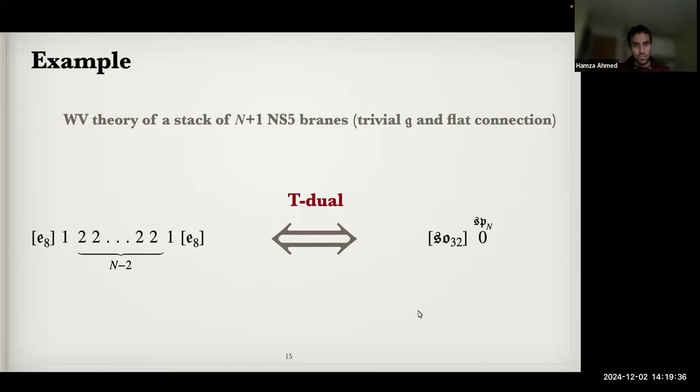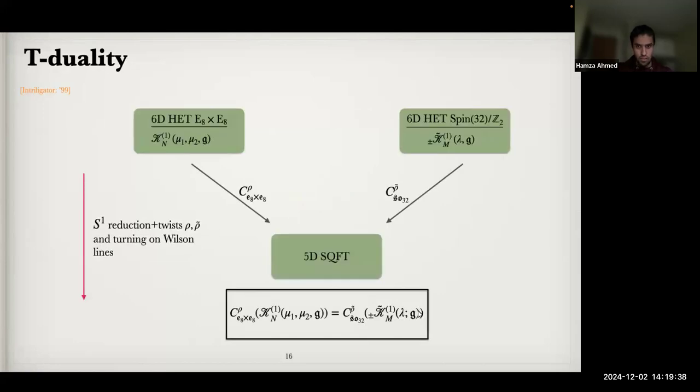Good. So now let's get back to this picture. That's one example, right? Where you have some theory on the E8 times E8 side, which is T-dual to some theory on the SO32 side, similar to what you get for the heterotic string. However, once you turn on these twists, it turns out that the structure of this T-duality chain is much richer.